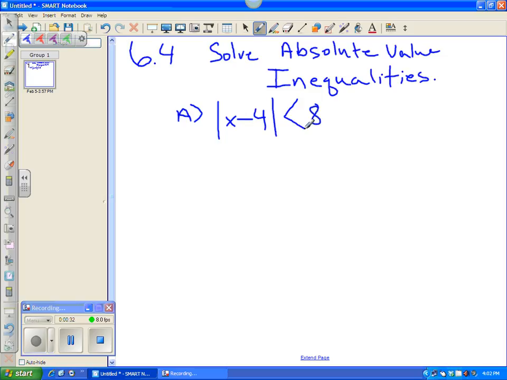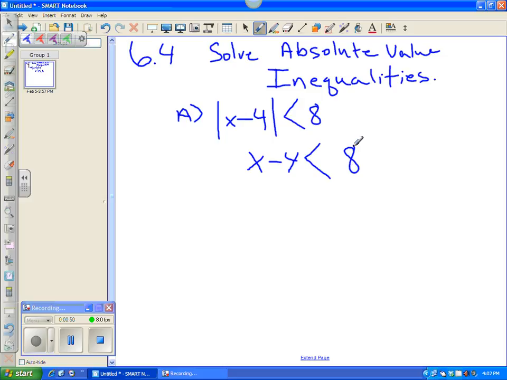Okay, so in this case, we need to treat this as two separate problems where we get rid of the absolute value sign, and we go x minus 4 is less than or equal to 8, right?